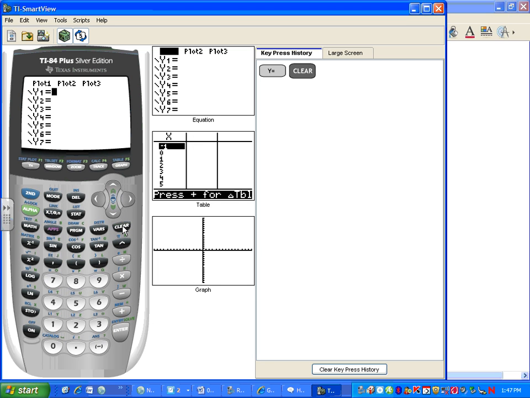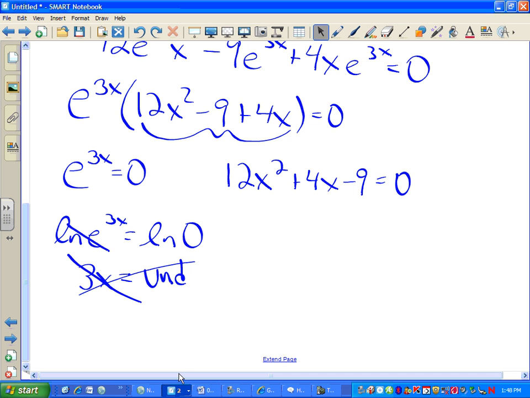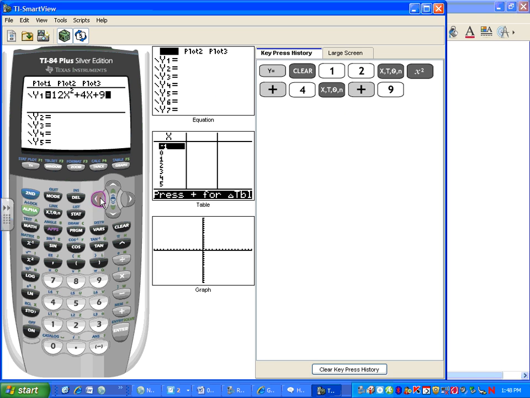The equation was 12x squared plus 4x plus 9. Make sure that's what I had. Let's go back. Let's see. No, it's minus 9, isn't it? Minus 9. Let me go back to my calculator and get minus 9. Sorry. Minus 9.